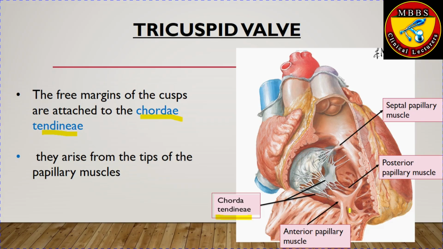So you can see the papillary muscles over here: the anterior papillary muscle, the posterior papillary muscle, and the septal papillary muscle. From these papillary muscles, the chorda tendineae arise, and these chorda tendineae are attached to the free margins of the cusp, like the strings on a parachute.